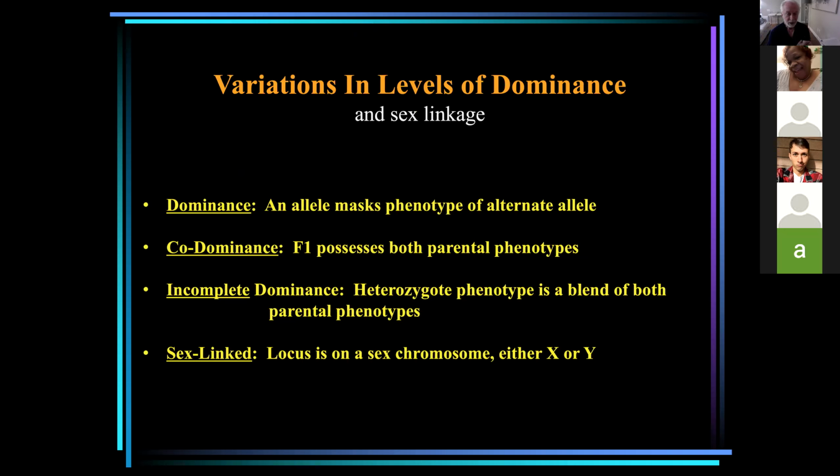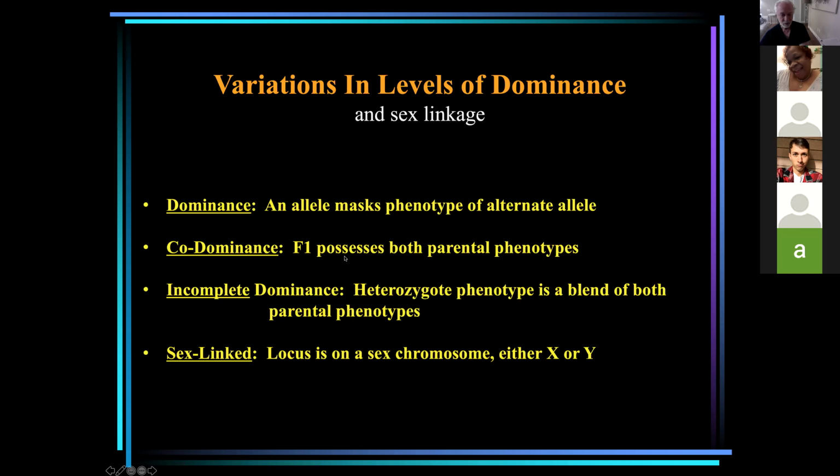But I just want to point out that even though I've emphasized dominance as an absolute characteristic, it can have variation. So dominance is one allele masks the other.